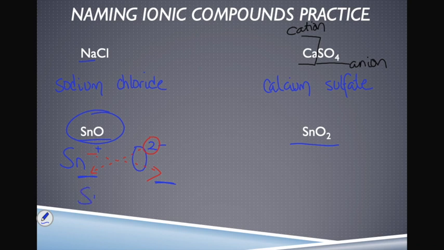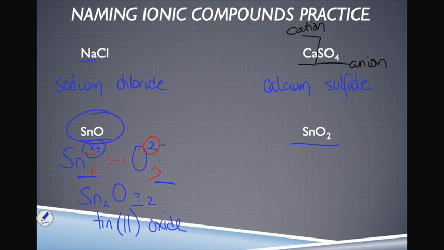We know that we would write Sn2O something from this charge on tin. Well, what would we put in this spot that would reduce tin and oxygen to 1-to-1 ratio? It would have to be a 2. That's the only way we're reducing to 1-to-1, if that makes sense to you guys. So working our way backwards through that, we can say, ooh, okay, this must have been tin 2 oxide. Okay.